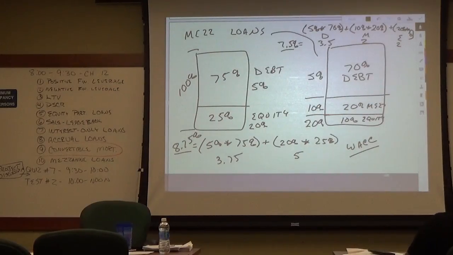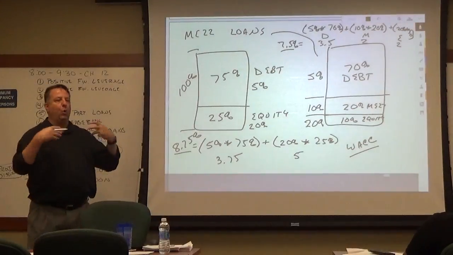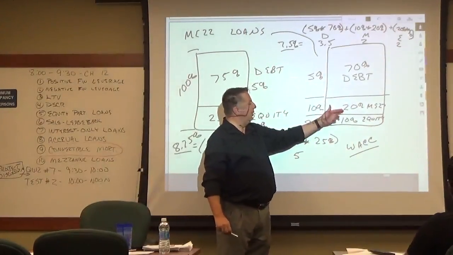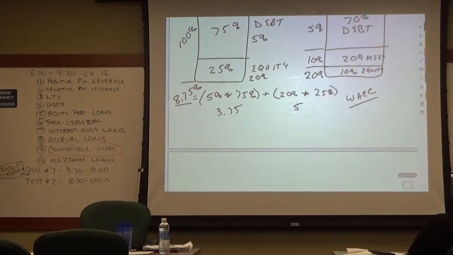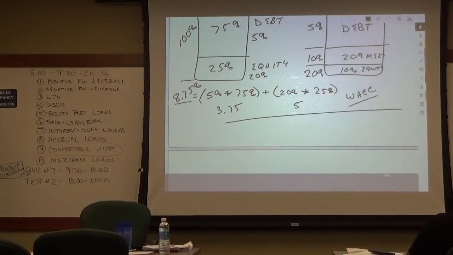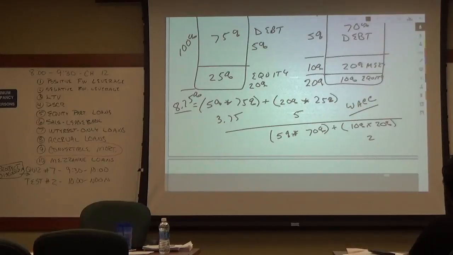Now we could also, if we wanted to just look at the debt piece and say, what is our debt piece costing us, meaning the debt plus the mezzanine, then what we would do, well, no, well, maybe, is just the debt piece would be 5% times 70% plus 10% times 20, so that's going to be 2, and the debt is 3.5.